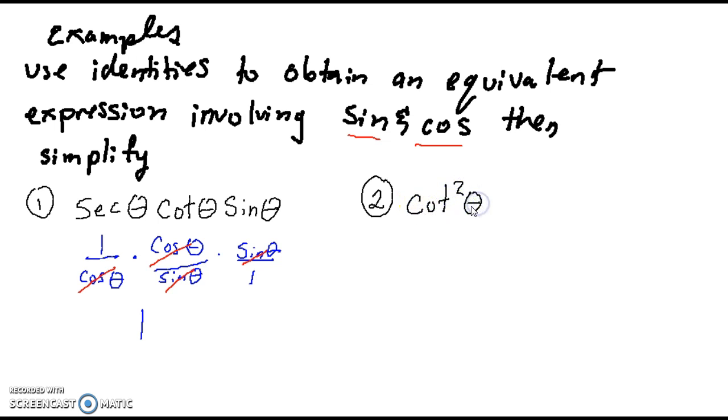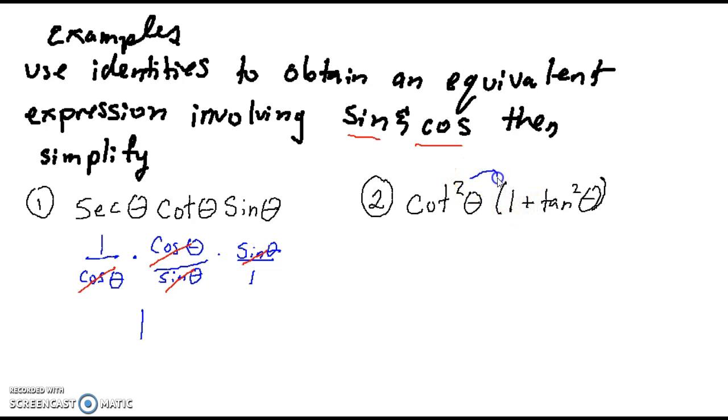Cotangent squared theta times 1 plus tangent squared theta. If you want to try pausing the video and trying this one on your own, that's great. If not, let's try it. I'm first going to multiply this out.